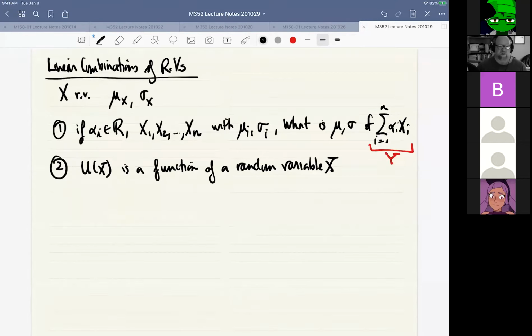Okay, just a generic function, right? It could be squaring, it could be exponentiating, anything you can imagine a function from pre-calculus doing. U could be one of those or a combination of those. What is the mean and standard deviation of this new random variable?